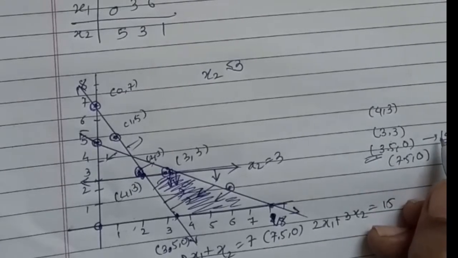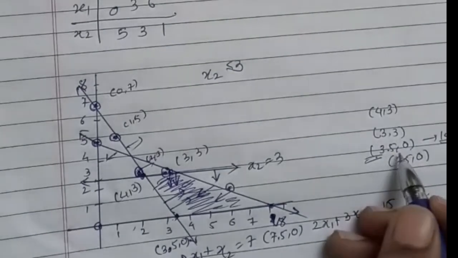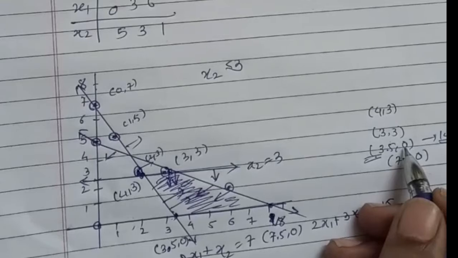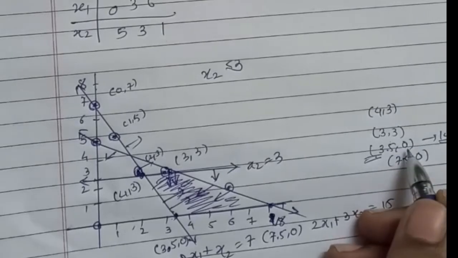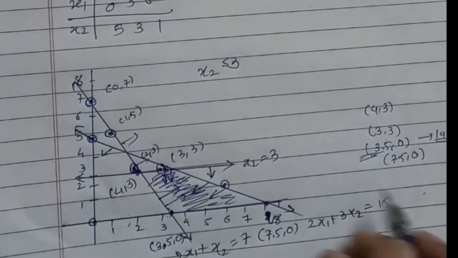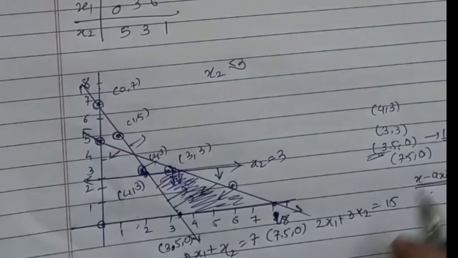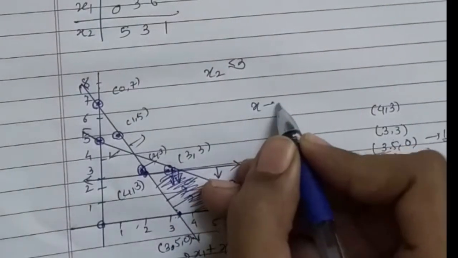So our answer is (3.5, 0). The y coordinate of that point is 0, so the point lies on the x axis.